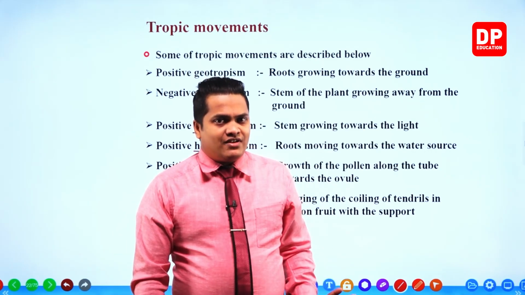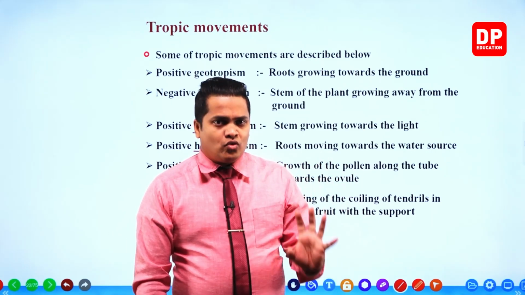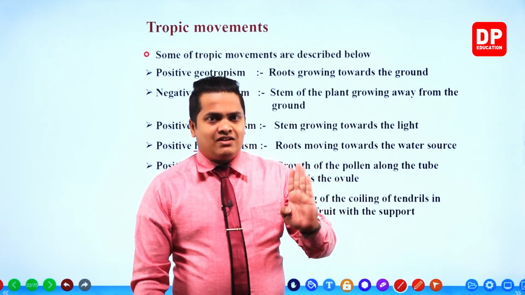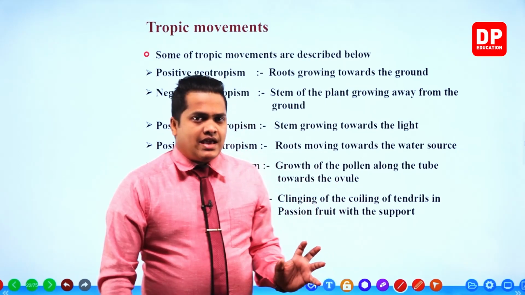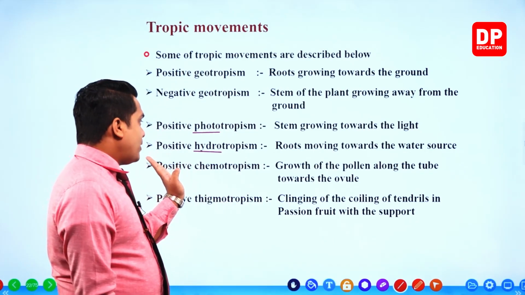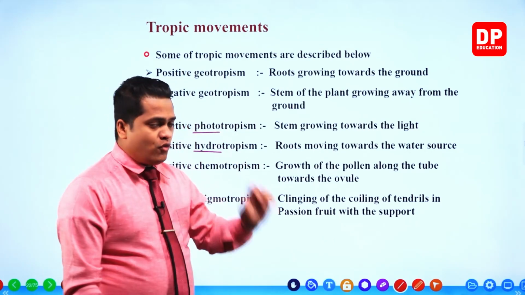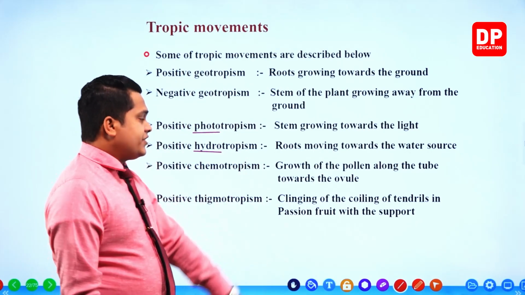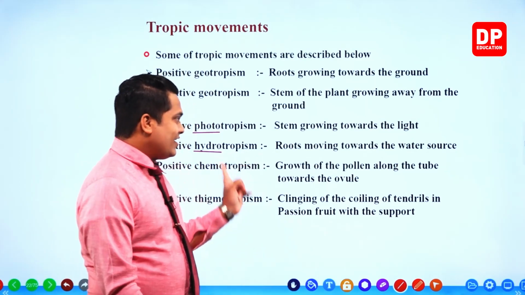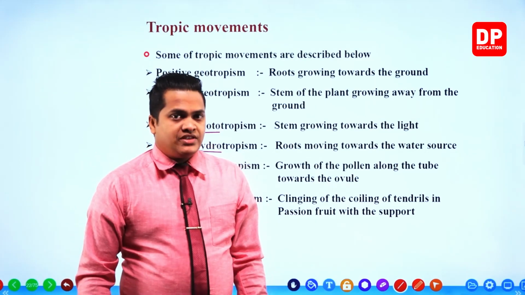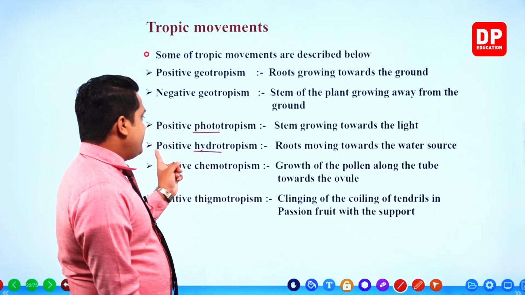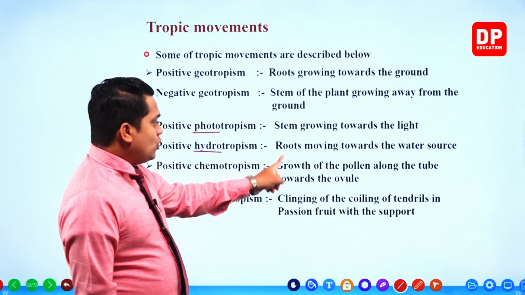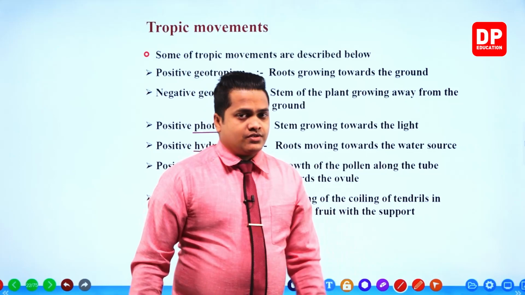So this movement of roots growing towards a water source is referred to, my dear children, as positive hydrotropic movement or positive hydrotropism. Here hydro means water. So it is given as positive hydrotropism, roots moving towards the water source.